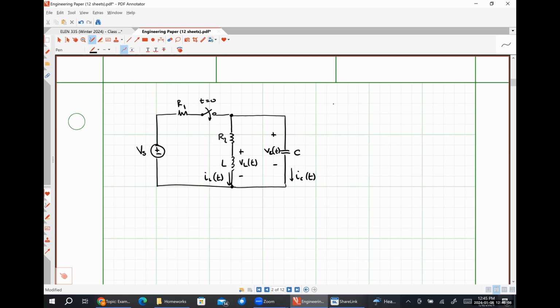So we're going to need something that looks like d squared v with respect to time squared plus some coefficient b times the first derivative. Sorry, this should be vc.